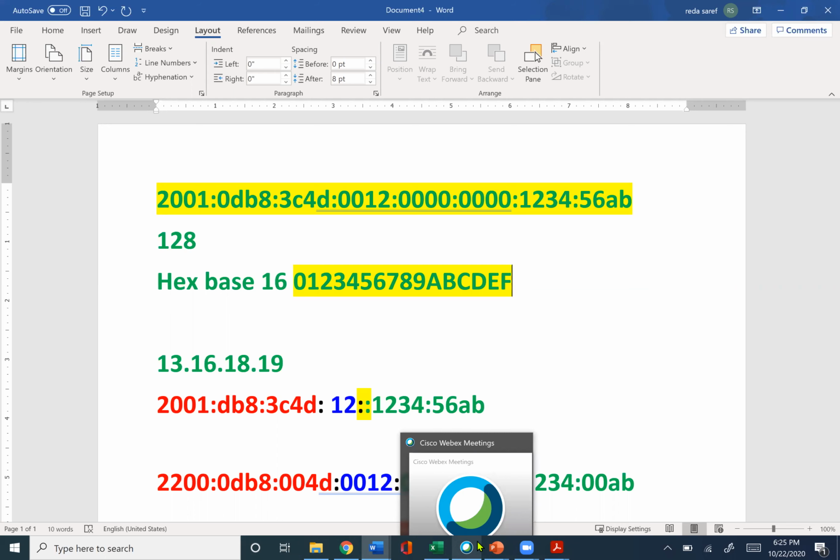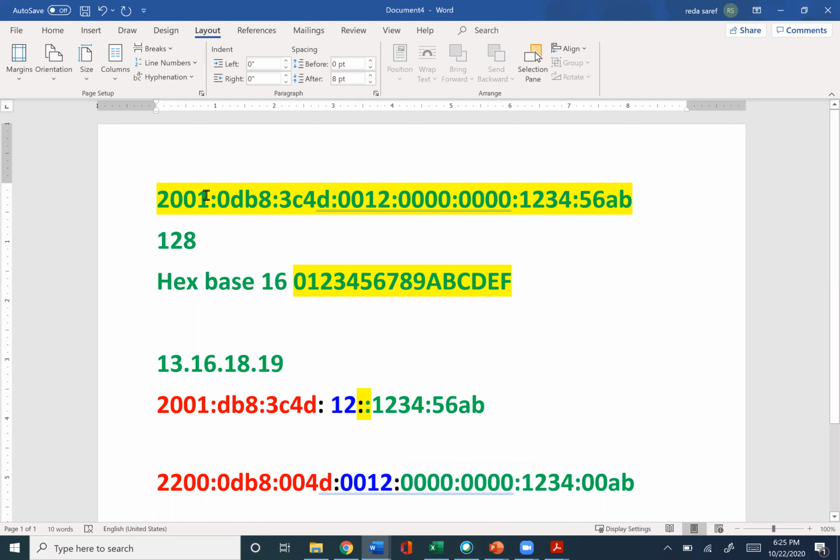Correct. So the same question if we come to IPv6. Each one of these is represented by 2 octets. So there are 2 octets in here, 2 octets in here, 2 octets in here. So it's 2 multiplied by 8 groups, which is 16 octets.